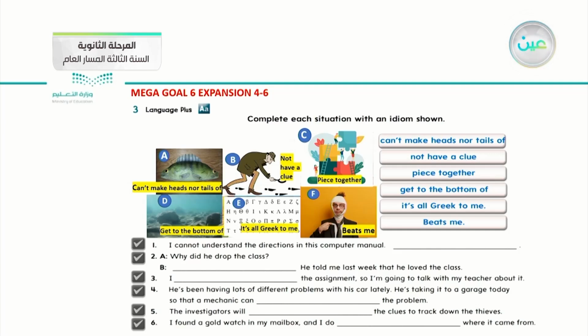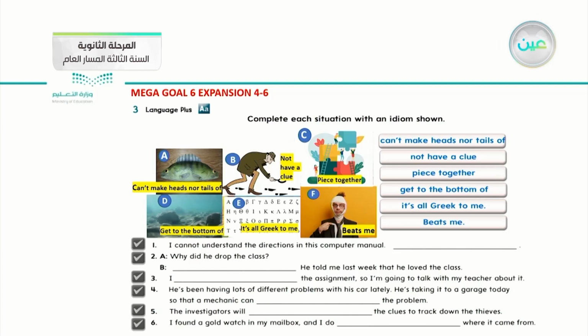And we will go to letter D. Get to the bottom of, which means reach the bottom of, and we apply that with this picture, deep at the bottom of seas or oceans, etc. And letter E, it's all Greek to me. There are some Greek letters on that picture that we can talk about.